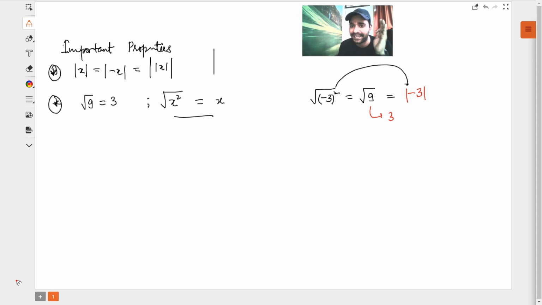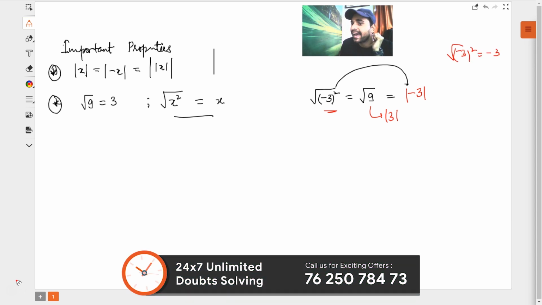Whenever I'm taking under root of something, and I want to write down the value it takes after coming out of the under root, I'll always take modulus so that I do not make the mistake I was making, writing minus 3 ka square as minus 3.